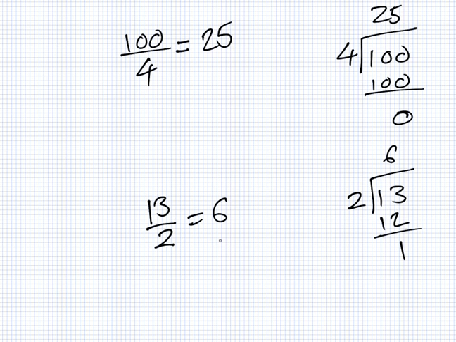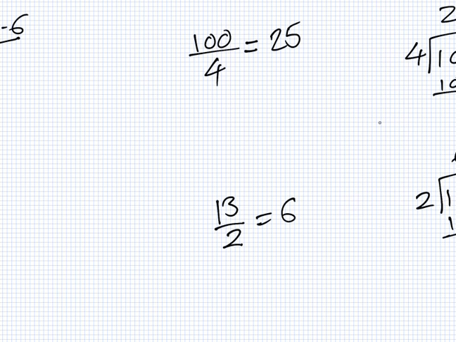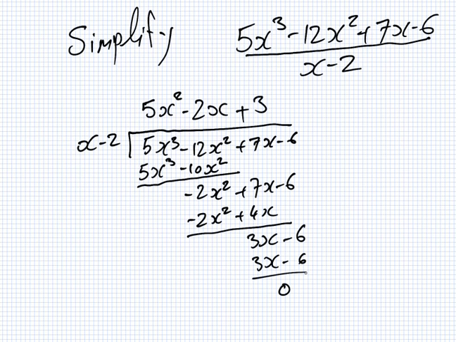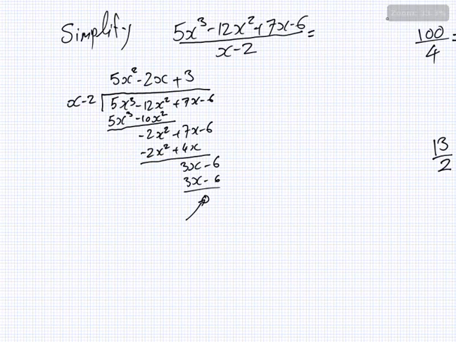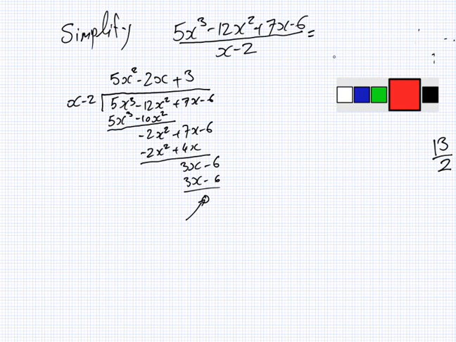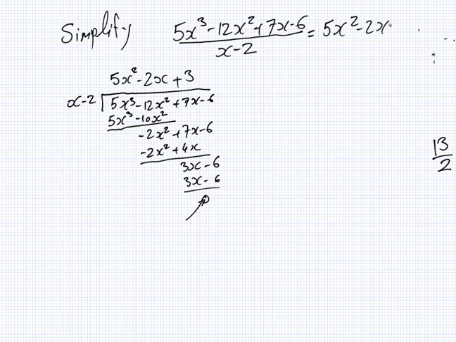No. So what's different here? Excellent, factor. Yeah, that's the reason. Because the remainder is 0, you can say that this is equal to (5x squared minus 2x plus 3).